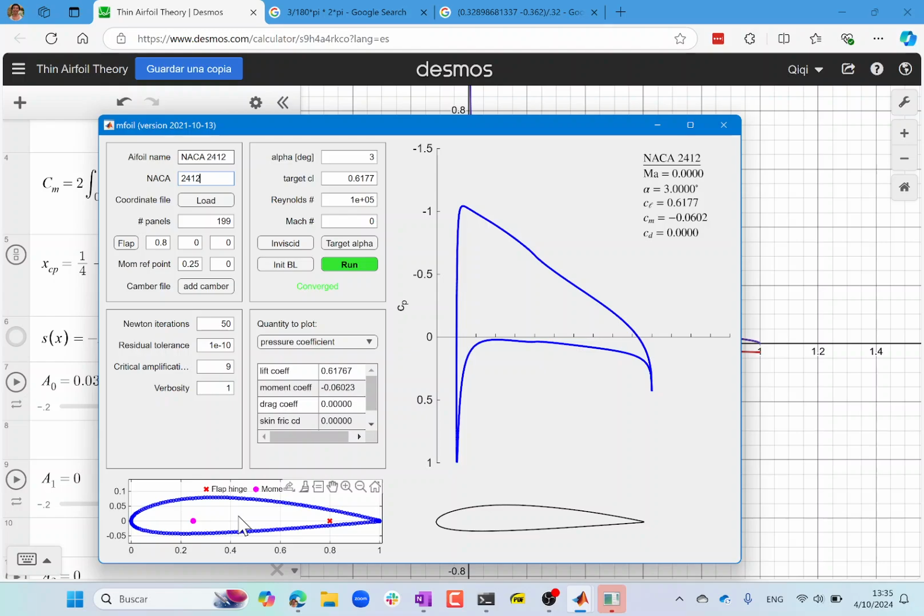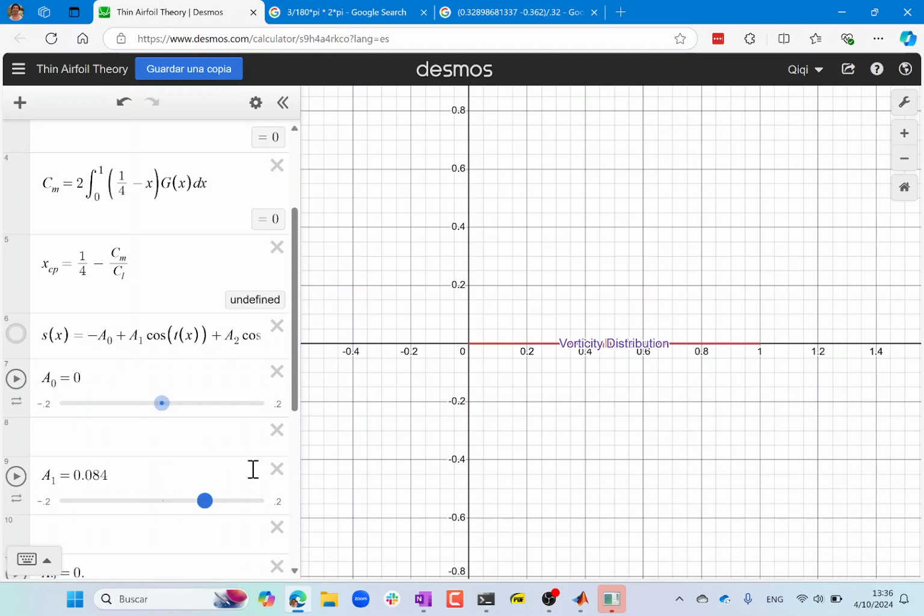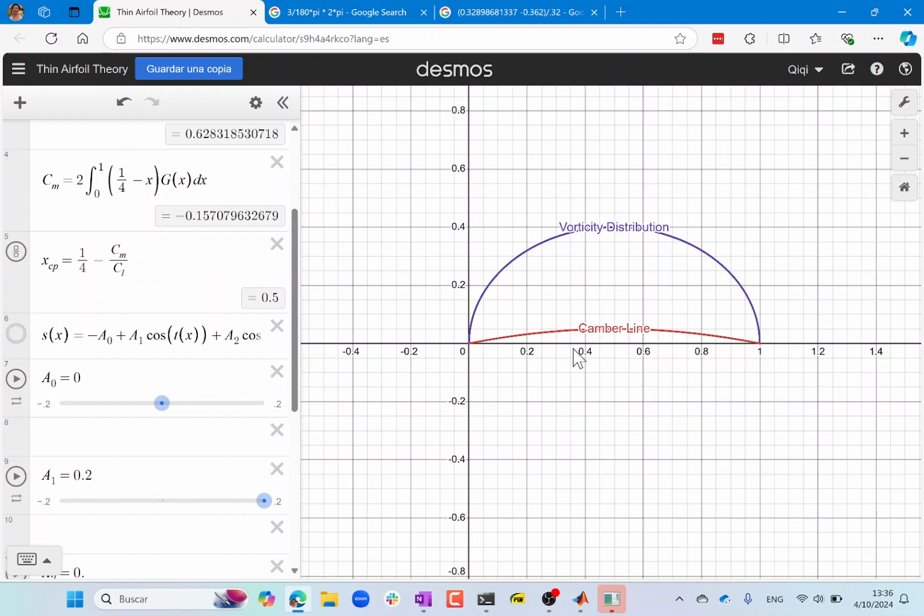And actually, if you want to get something close to what we have done in class today, remember in class today, we looked at the thin airfoil theory for a cambered airfoil by setting A0 back to 0 and A1 to some positive number. And the camber is a parabola, right? For a parabola, where is the maximum camber?